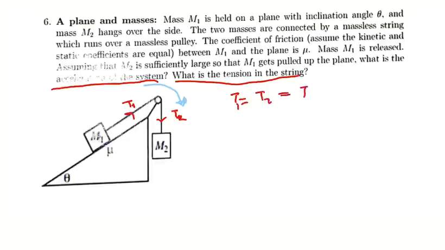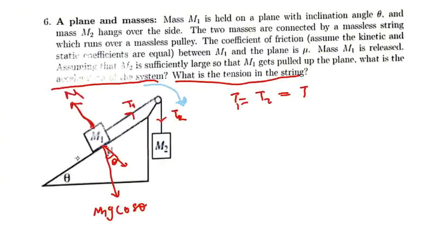Let's analyze the weight of this mass, which will be pointing downward. We have this, which will be m1 g cos theta. Here will be theta, and the normal, for the fact that it is not sliding into the plane, there will be a force keeping it, which is equal to the normal.